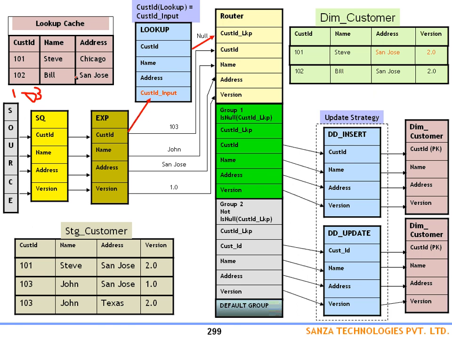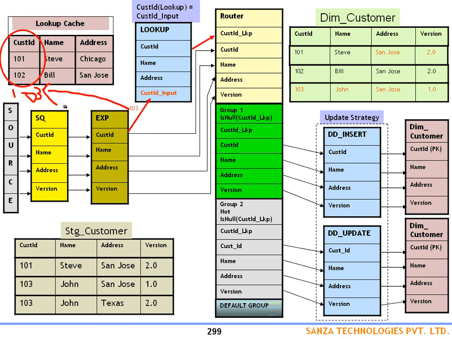So assume that I put the data 103 in my lookup cache. What happens now? When 103 John Texas 2.0 comes in, if I would have put it in the cache, when it scans the cache, it would have found the record. So dynamically, while I run the session, I should have inserted the record into my cache. Whenever the condition fails, whenever the record does not exist, I should insert the data into the cache.